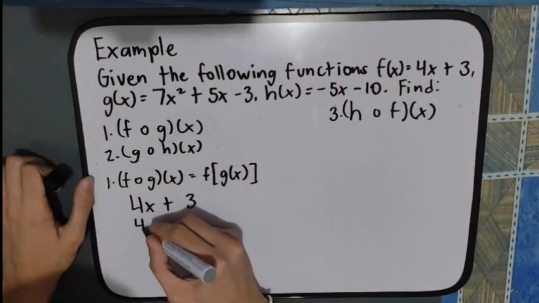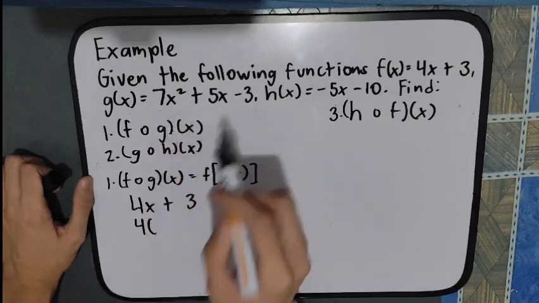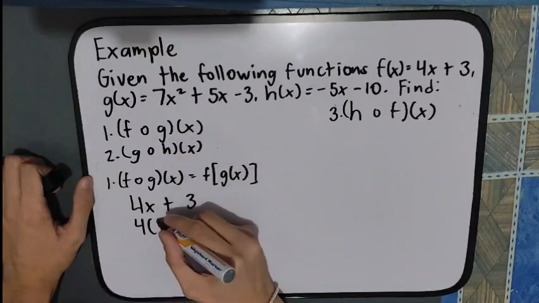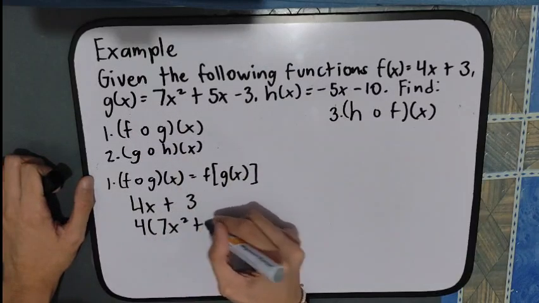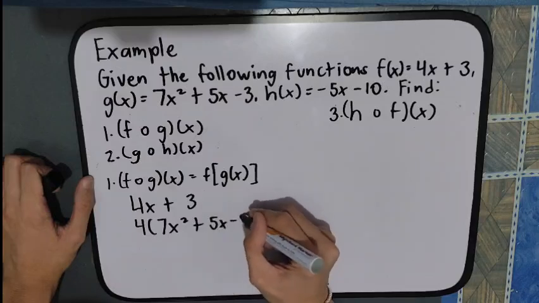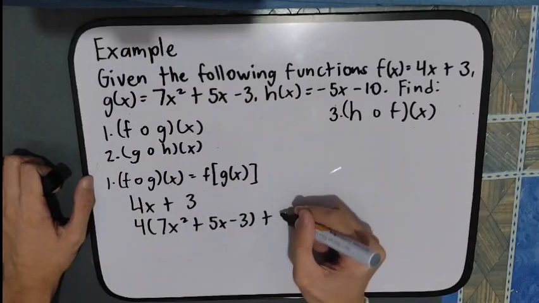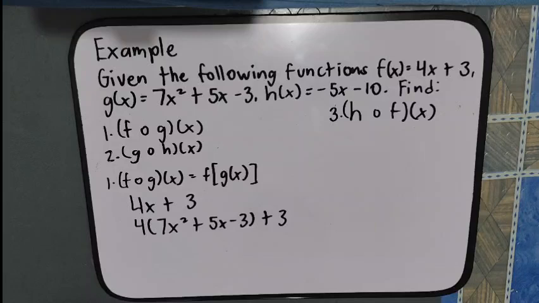So 4 times, copy g of x, 7x squared plus 5x minus 3, and copy the positive 3.